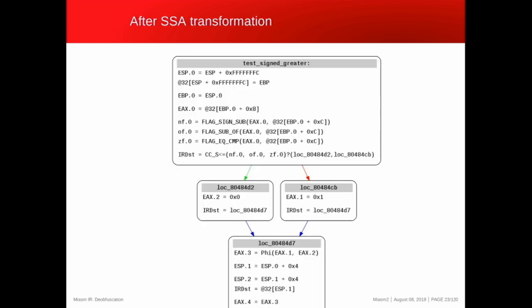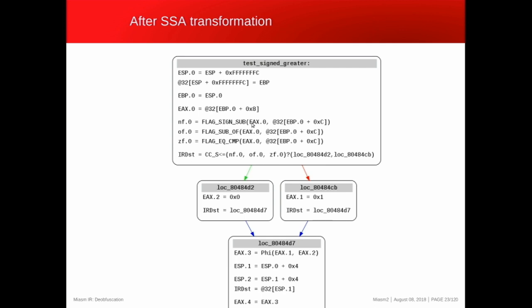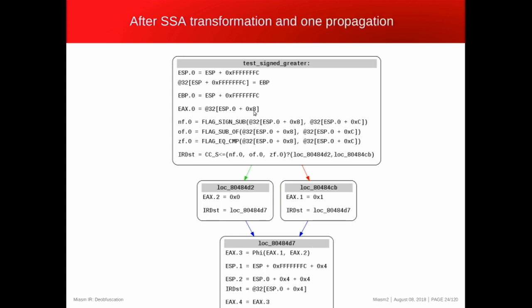So here is the actual code. When we do this, we will do a first step of propagation, so only a single step, and it gives this code. So here we have as source the EAX.0, and this value comes from here. As we don't have any memory write between this assignment and this read, we can obviously replace this value by its source. So it will give this code.